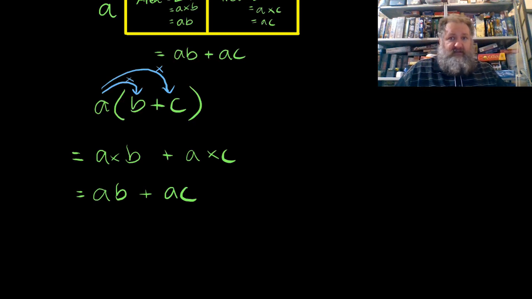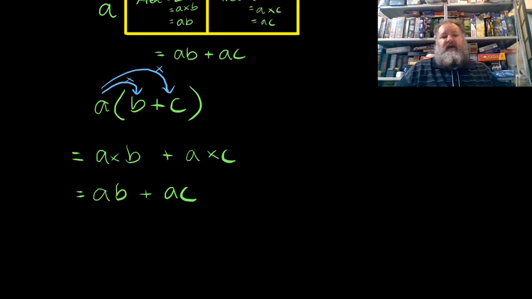Everything on the outside gets multiplied by what is on the inside of the brackets. So my a here gets multiplied by the b. The a then also gets multiplied by the c. And those two multiplications are still added together because there's a plus on the inside. If it had been a takeaway, a subtraction operator, then it would be a subtraction operator right there.